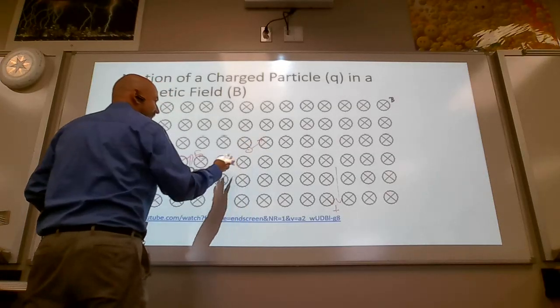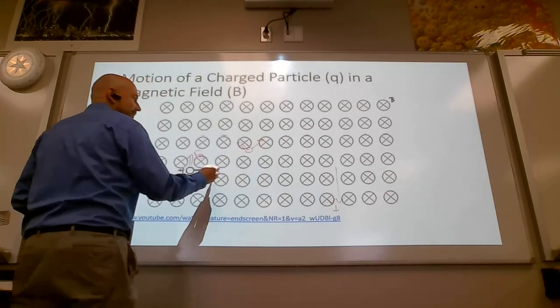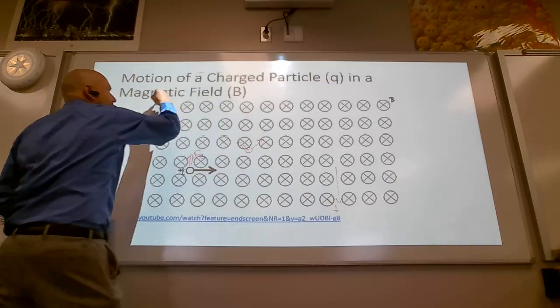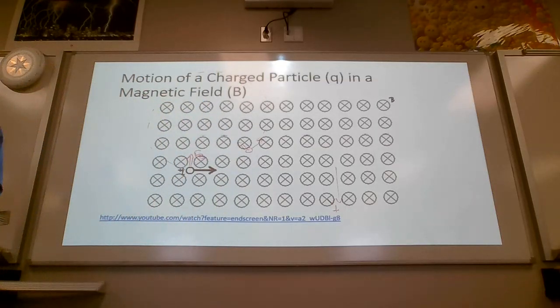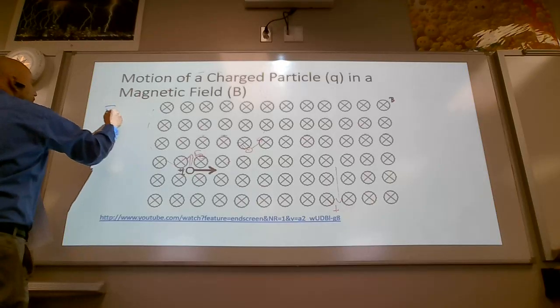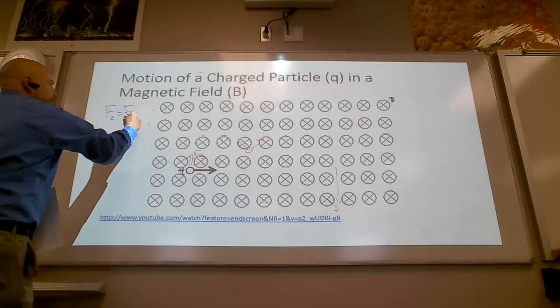So as you do this, it's going to play the role of centripetal force and always act perpendicular to the direction of motion. You good with that? So anytime you have a circle, you say, what's playing the role of centripetal force? Magnetic force.